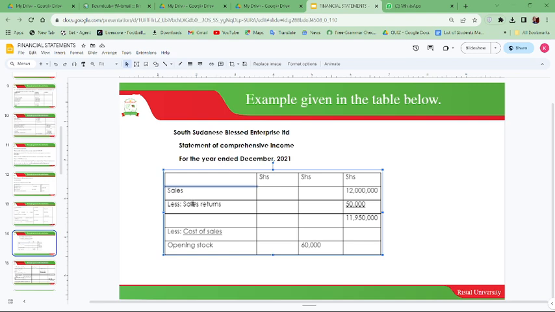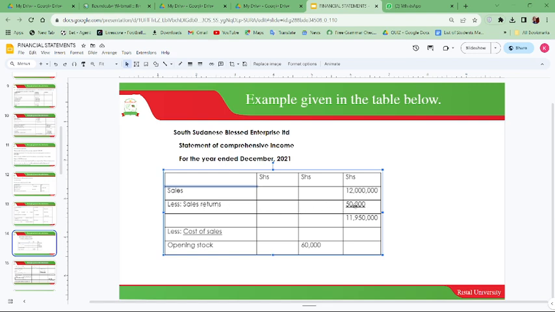You have to remove it from your sales because you've not gotten that money, since you were given the goods back. You have to subtract that money. At times your customers may buy your products and find out that they are damaged or expired, so they bring them back, which means your sales have reduced. So we less sales return.